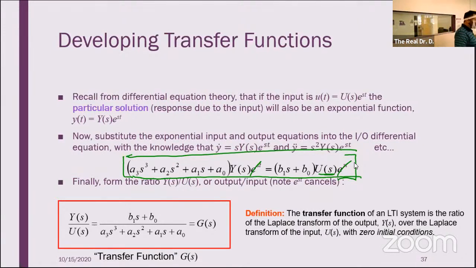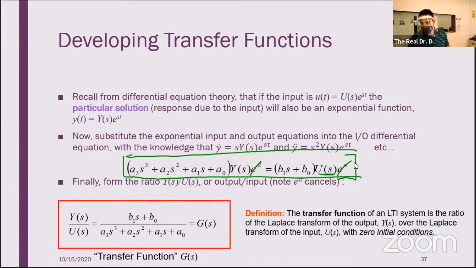Well, the output's Y of S. If I multiply my transfer function times my input, I get the output. It's in the Laplace space, but I get it. So can't we do this in the time domain and just pull out our solution if we had a time domain transfer function?